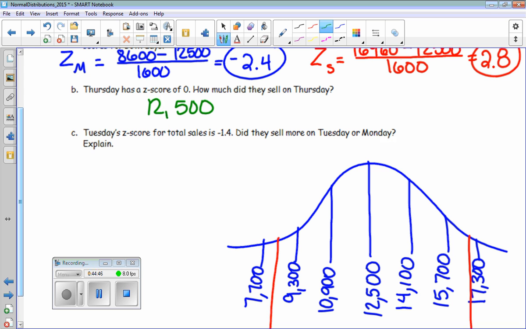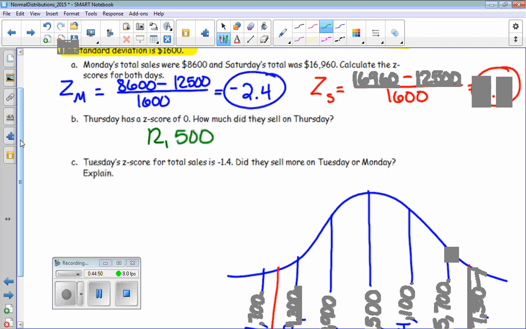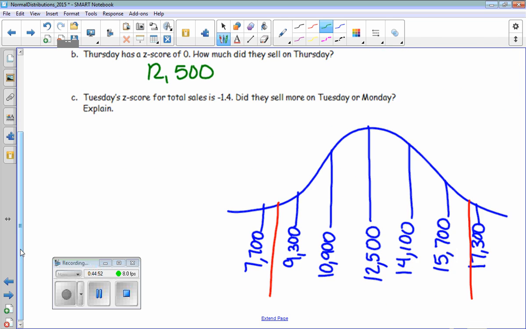Tuesday's z-score is negative 1.4. By the way, the z-score tells you how many standard deviations away from the mean you are. So if you have negative 1.4, that means you're 1.4 standard deviations below the mean.